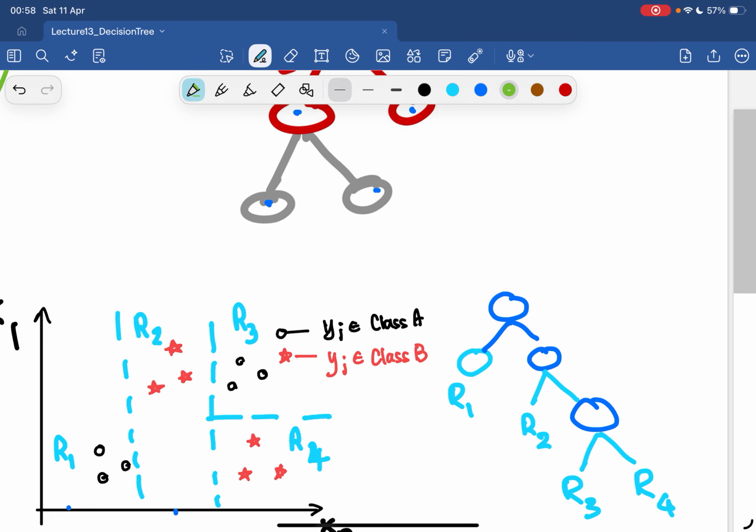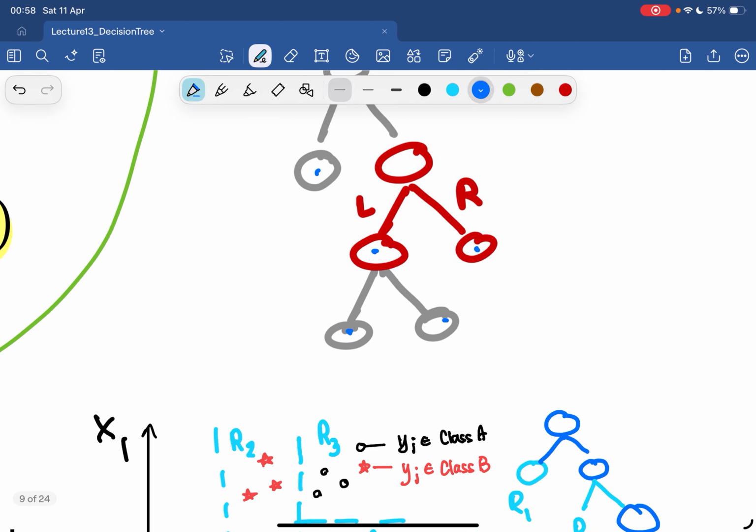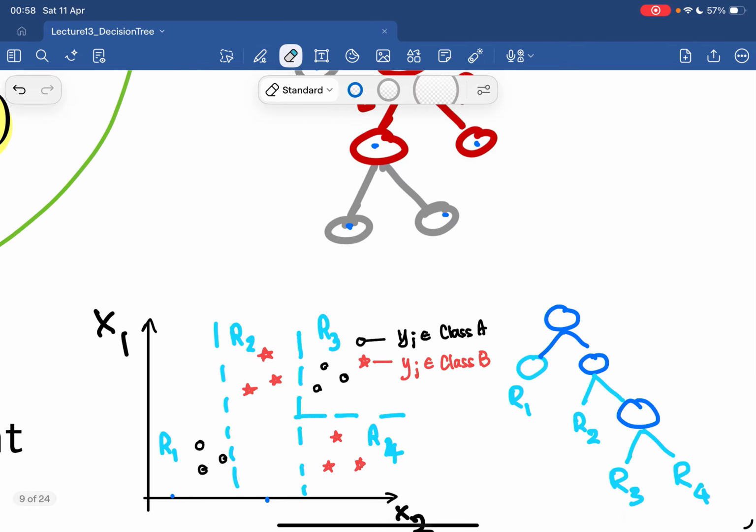For example, if you have a decision tree that is written as follows, let's say you have a set of data points. Okay, I'll just erase the regions for the time being.